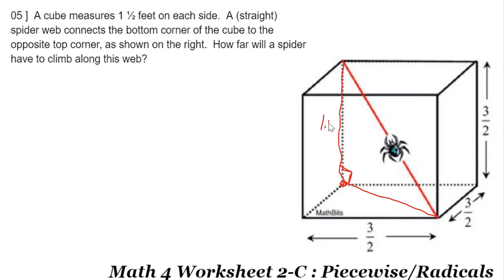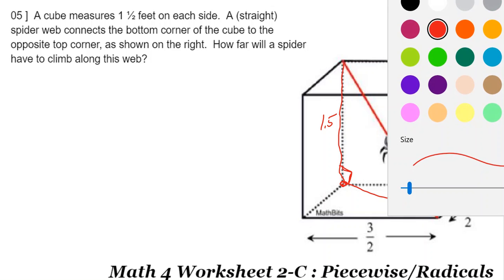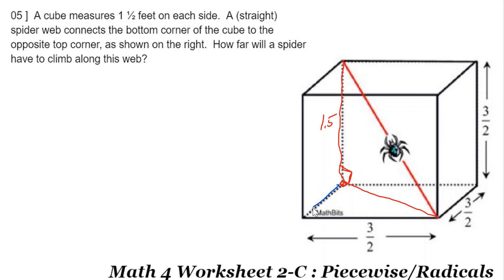We do know that this is 1.5. We don't know how long that is. And so we actually need to set up a separate triangle, that blue triangle is going to be 1.5 here and 1.5 here.